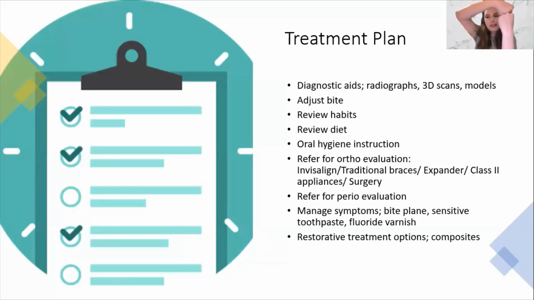A mesial step is where you have a class 1 or even a class 3 occluding, where the mesial surface of the mandibular molar is out further. So typically you're going to look at the mandibular arch for this one. If the mandibular molar is facing more mesial than the maxillary molar, that's a mesial step. And if it's the opposite, where the mandibular molar is back further, so it's more distal, that's a distal step.